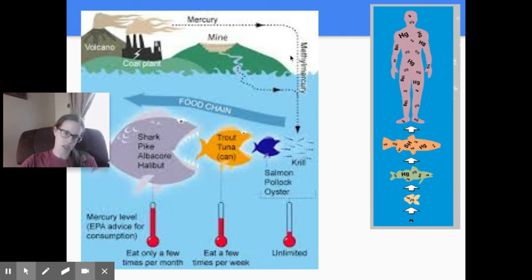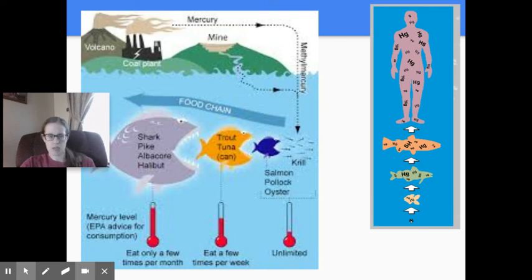So it gets into the water as methylmercury, and then it's the same type of thing. You've got krill absorbing it, and then salmon taking it in, and then tuna eating salmon, and then your carnivorous fish like sharks, pike, albacore, and halibut will eat the tuna and get the highest concentration.